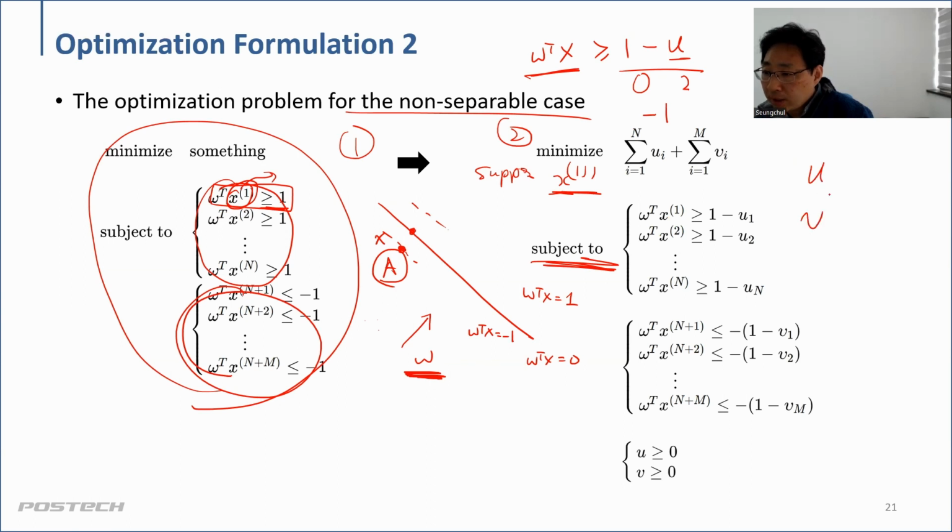U and V are all positive, so the maximum value over here can be 1. If we have a right classification, say A is right here, data point x, then U should be equal to zero. Why? Because we want to minimize the summation of all the U's and V's.